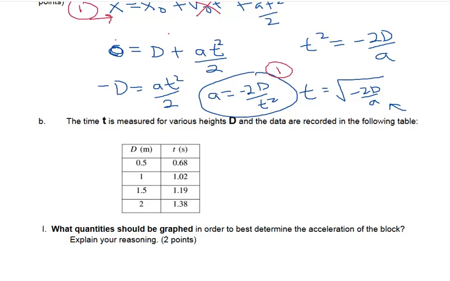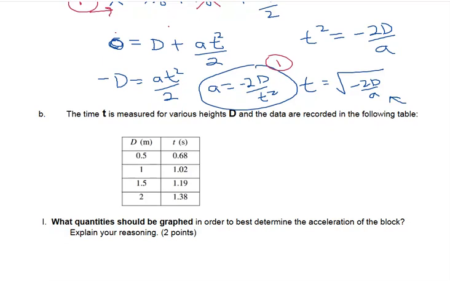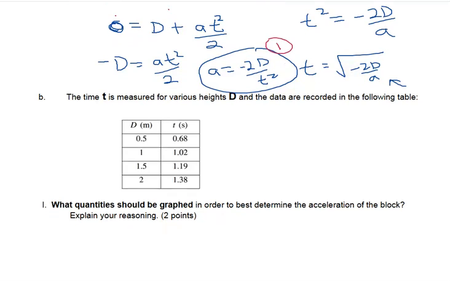Okay, so this is a fake lab. So you take 4 data points. What quantities should be graphed in order to best determine the acceleration of the block? Okay, in 2025, you get Desmos. So you can just plot these things in Desmos and do a curve fit. That's what I assume you will be doing.